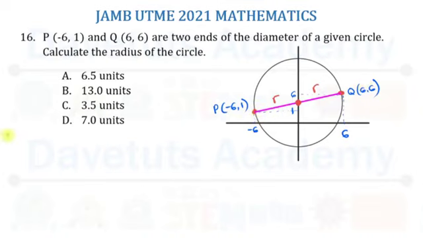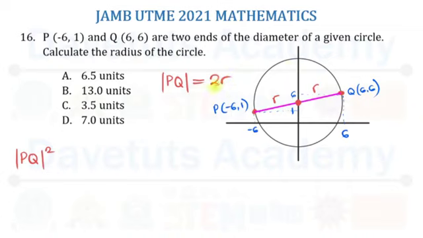So there is the general formula that we use to find the distance between 2 points on the Cartesian coordinate. And here, since we are given as PQ, you can say PQ raised to power 2. And you will notice that PQ, which is diameter, is nothing but 2r.